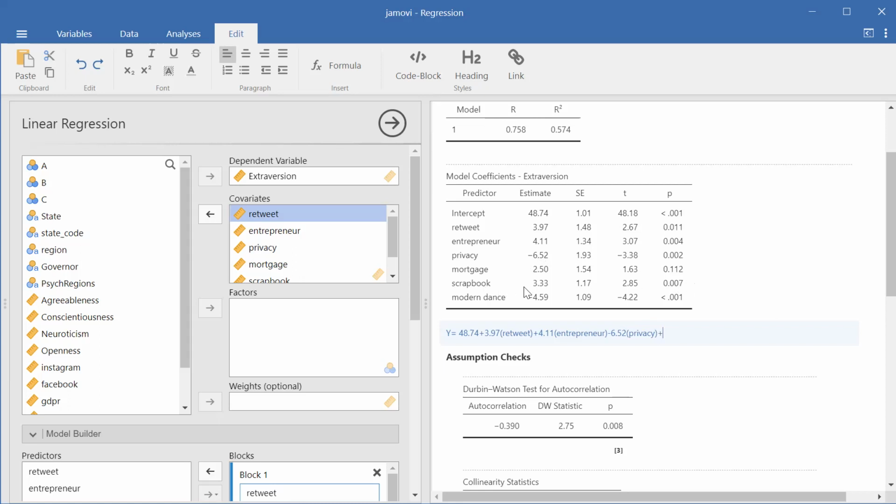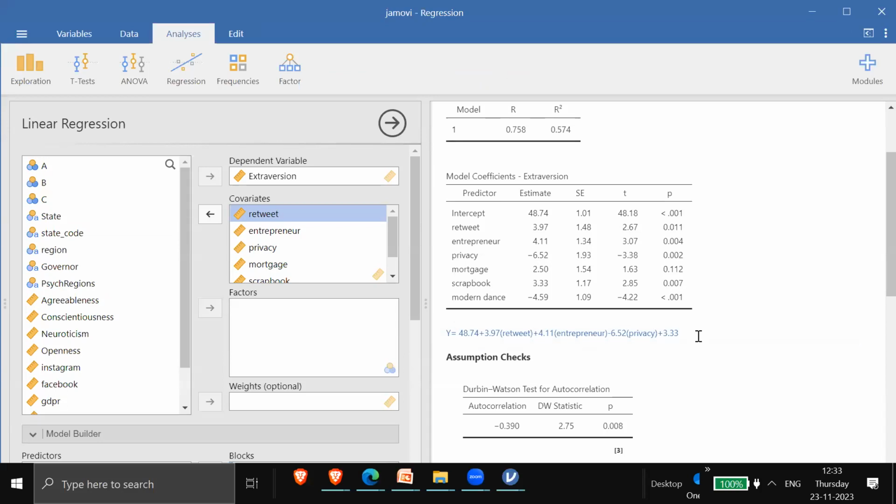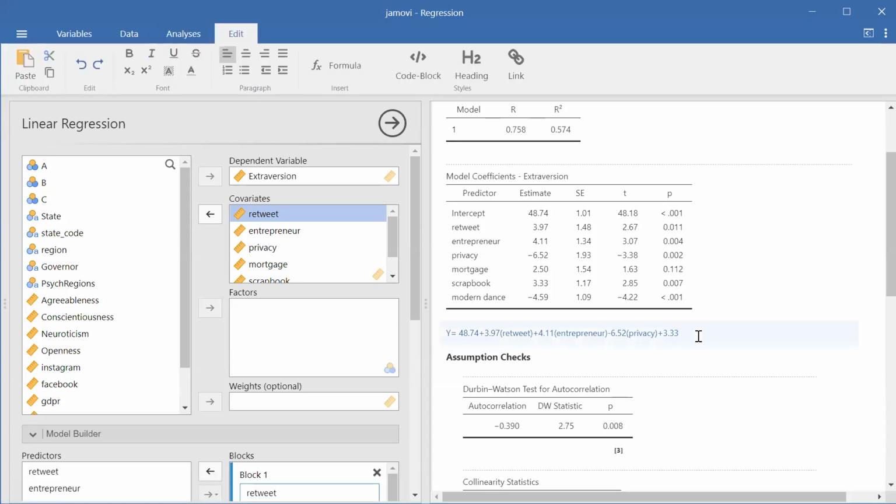For scrapbook, it's again positive, 3.33 into scrapbook. And then for modern dance, it's negative, so minus 4.59 into modern dance. So this is the equation.